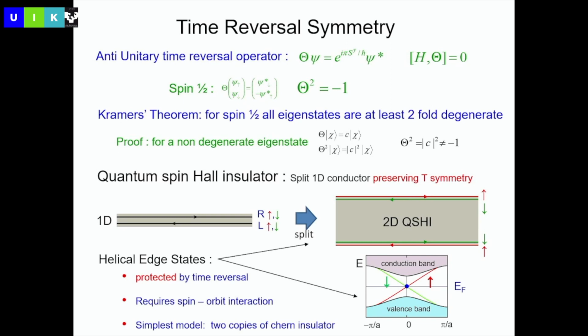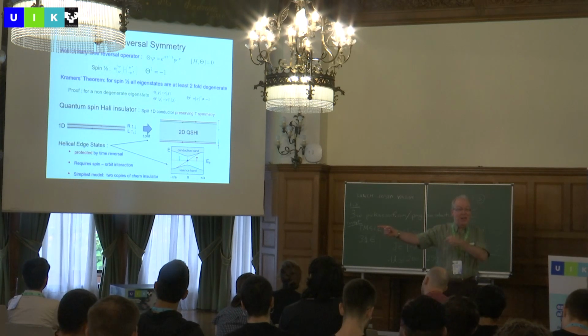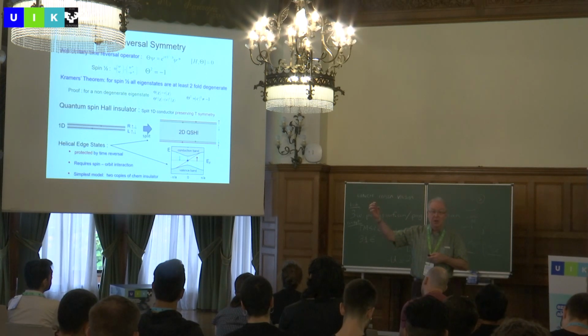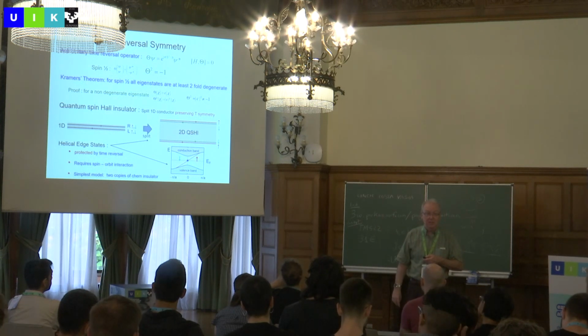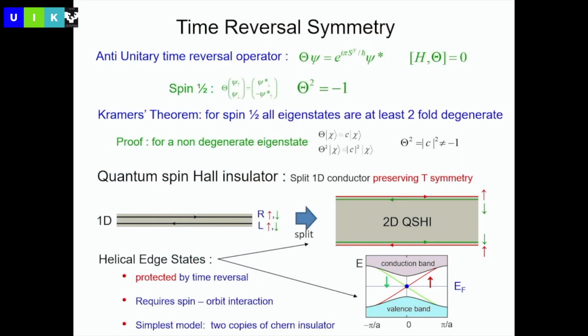Now, since the time reversal operator commutes with the Hamiltonian, if I act the time reversal operator on that state, then that has to also be an eigenstate. And since it's not degenerate, it would have to be the same state, up to some constant. So then we can do it again. I apply time reversal again, and again I'm going to get the same state, but since it's anti-unitary, when I multiply by c, I also take the complex conjugate, which is c star, and so I get the magnitude squared of c.